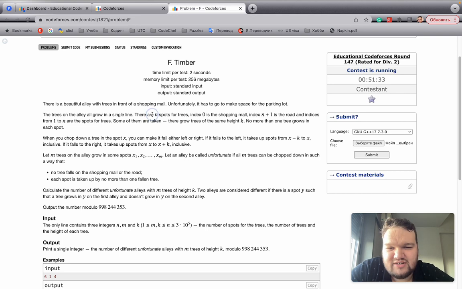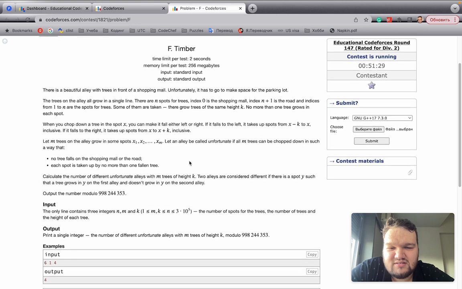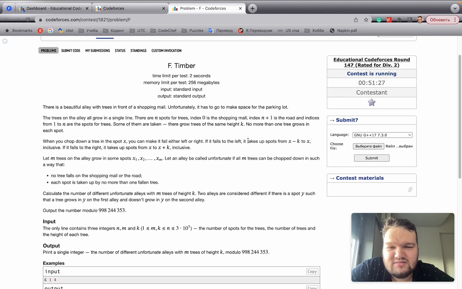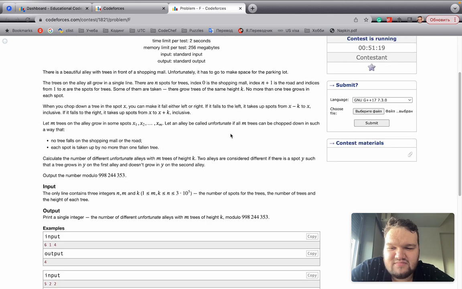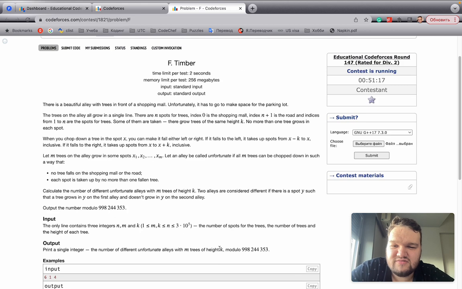Okay, so we have n spots for trees. I guess on some of the spots there are trees of height k, but it is not given, so I guess we will decide something. When you chop down a tree in the spot x, you can make it fall either left or right.